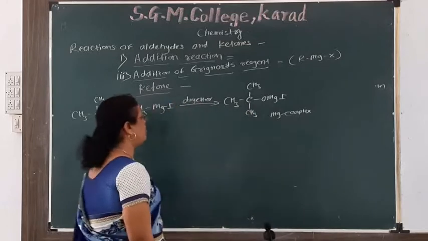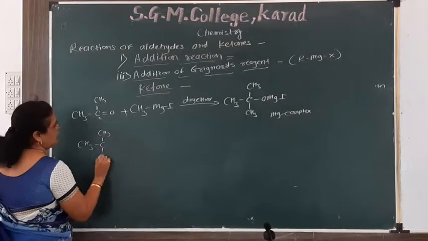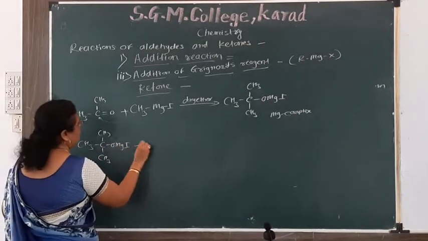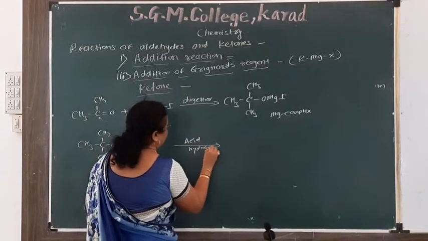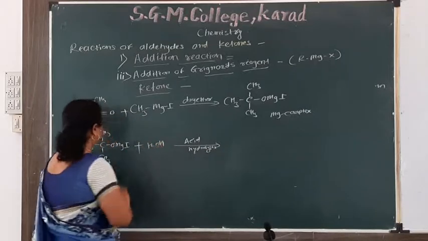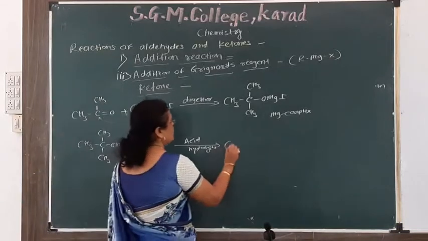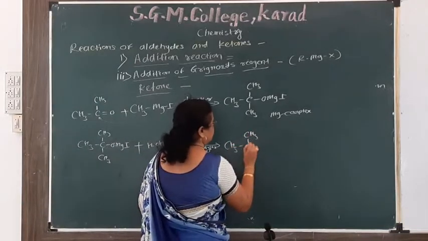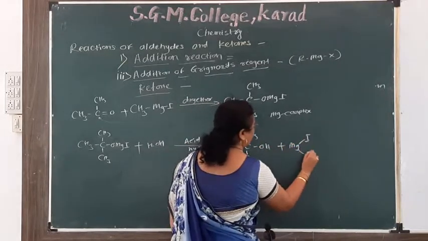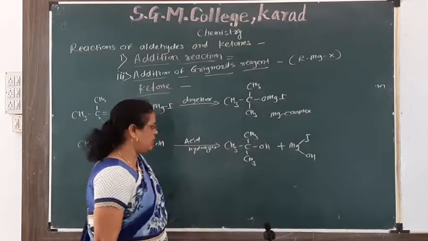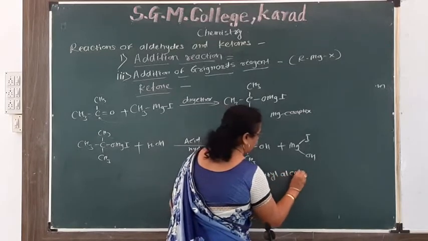Then this magnesium complex, that is CH3OMgI, on acid hydrolysis, that is HOH, then this O and H gives OH, means CH3OH plus MgIOH. And the name of this product is tertiary butyl alcohol.